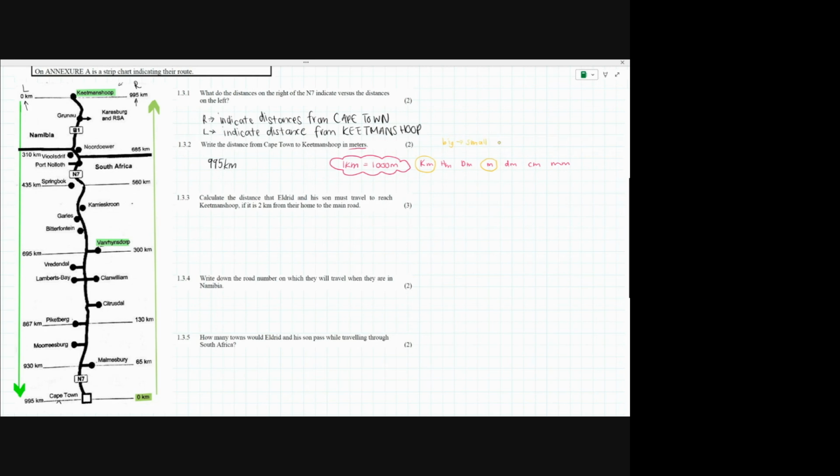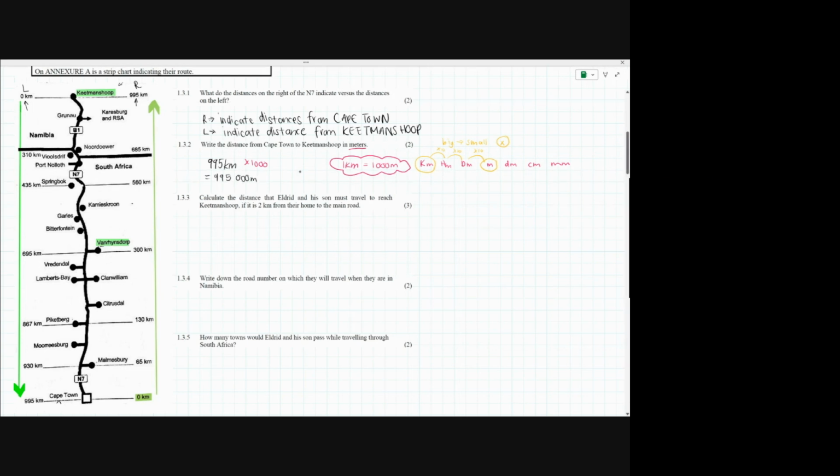Therefore, we are going to have to times or multiply. Every jump that we make is a multiplication by 10. So times 10, times 100, times 1,000. That's why if we were going to convert here, we would just times by 1,000. And that would give me how many meters, which is 995,000.